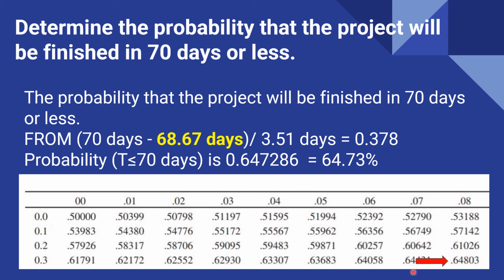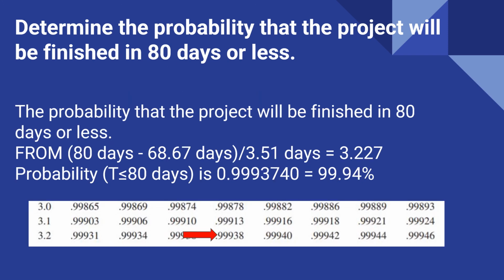If you want an accurate result, we will interpolate, because it is in the middle. So we interpolate and we get 64.73%, to be exact, precise, and accurate. So please do not round off at this point, but round off on the final answer.